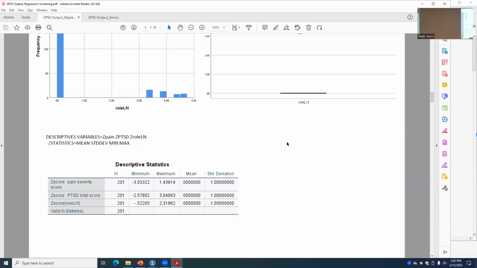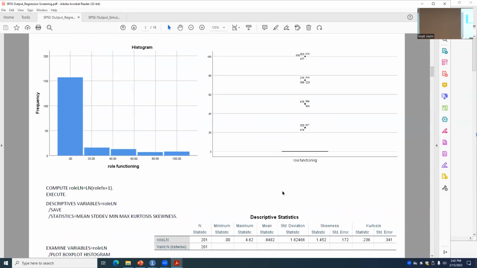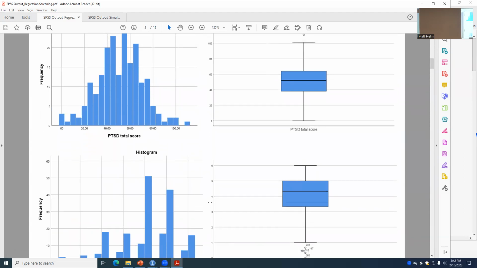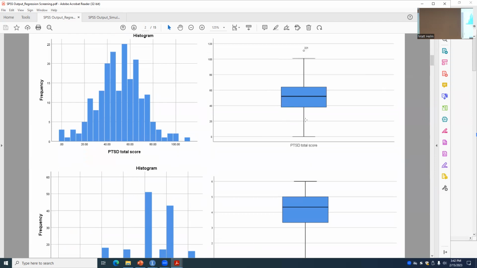Yeah, Jalen. What if it's something crazy, like a 4 or 5? Yeah, then we would go through and say, yeah, there's something there. Or, again, we're using the combination of information here. If I take a look at my values for my other variables, I would say PTSD is looking good. The histogram's approximately normal, right? The box plot's symmetrical. I've got 1 value that's 1.5 times the interquartile range above.